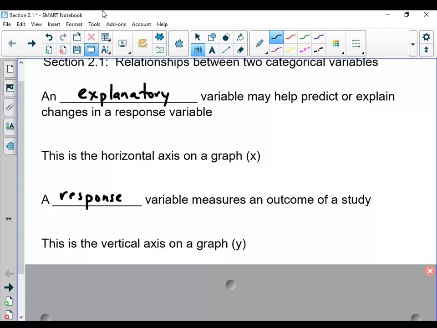When we get into quantitative, then it may be, okay, what's happening here that would affect this? A lot of times, if you're collecting data, it may be the amount of time, something like that. And we'll get to that later on today. But the big thing is the explanatory is going to affect the response. The explanatory is going to be on the x, the response is going to be on the y.